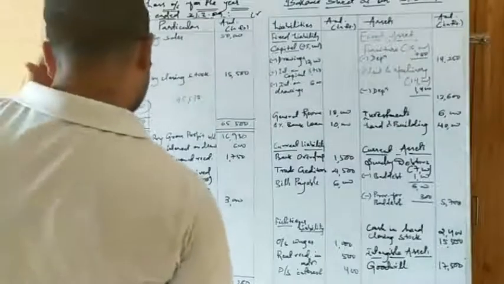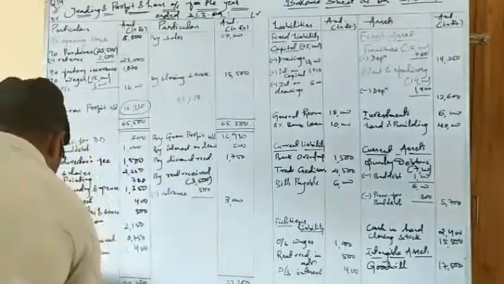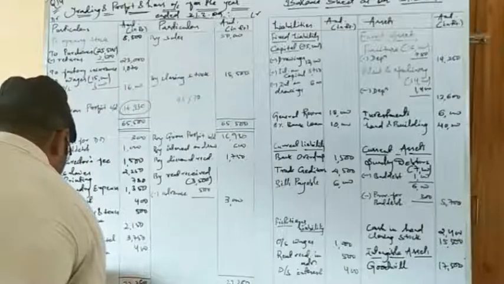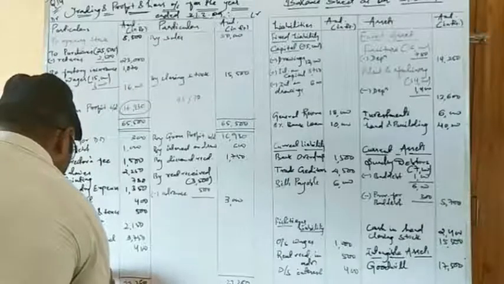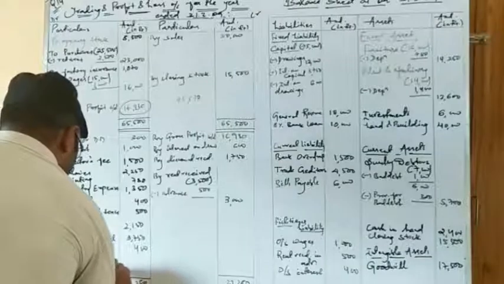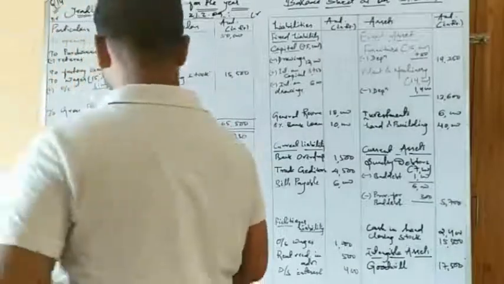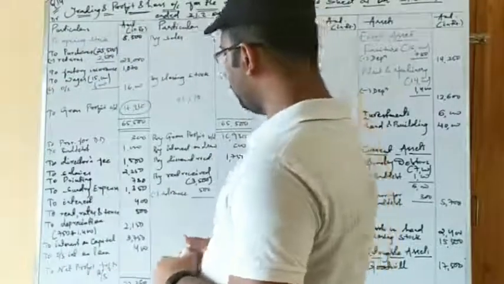Now we will check the debit total. So first of all, let me write here net profit transferred to balance sheet. Okay, now let us check the total of the debit side of the profit and loss account.